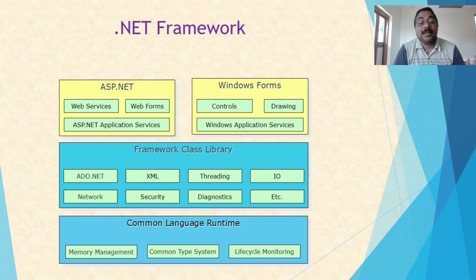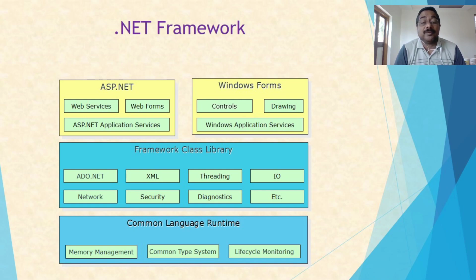It has another layer. We have already seen the framework class library, but here is an overview of this class library, which contains many built-in functions and ADO.NET, XML, threading, IO operations, networking, security, diagnostics, everything.